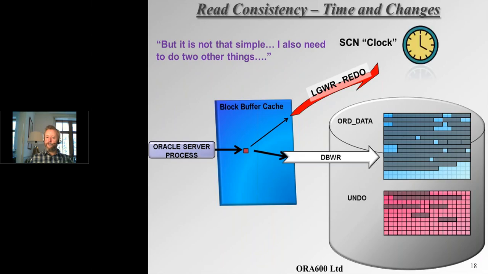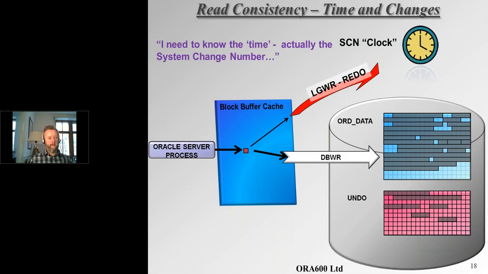There are 2 other things. There's this thing called the SCN clock, which is up here, and there's the undo tablespace. Now, when that record is changed, this Oracle server process checks what the SCN number is. SCN is system change number. Every time you change something in the database, the SCN ticks up by 1.